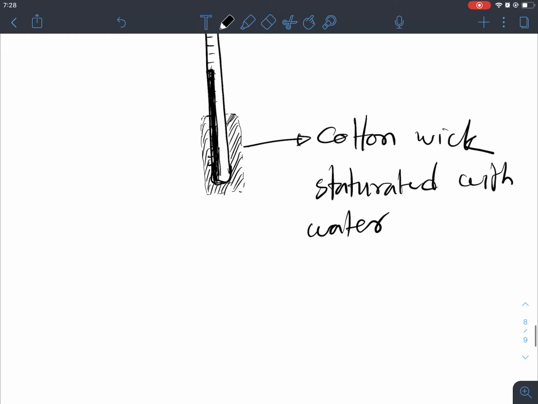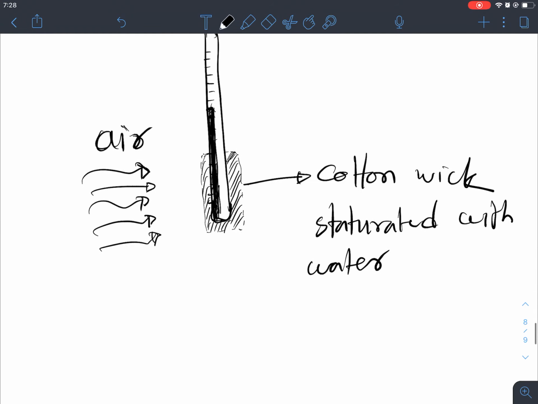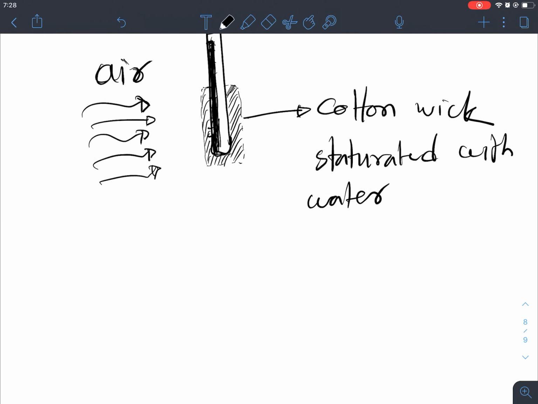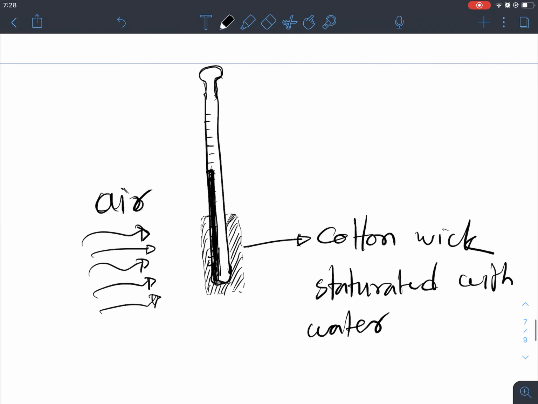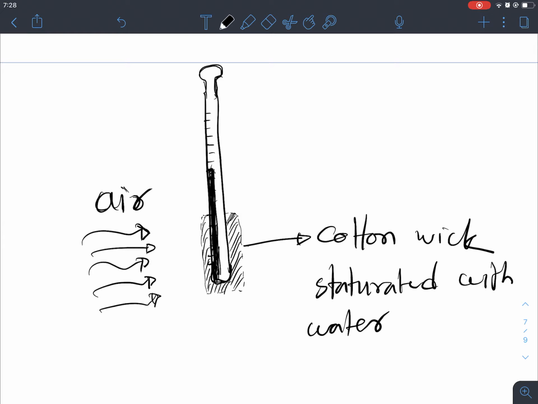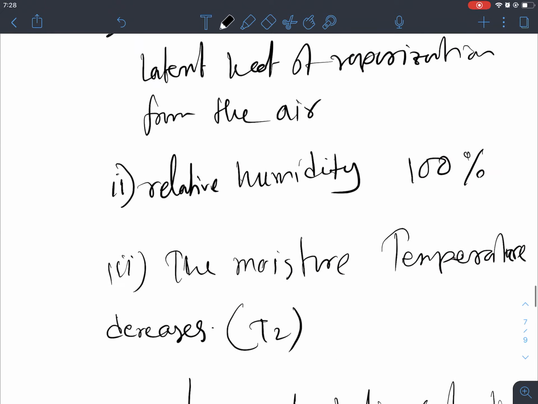If we blow air over it, we get this wet bulb temperature. We need this wet bulb temperature to get the specific humidity, relative humidity, and enthalpy data from the psychrometric chart. We'll talk about the psychrometric chart in an upcoming lecture.